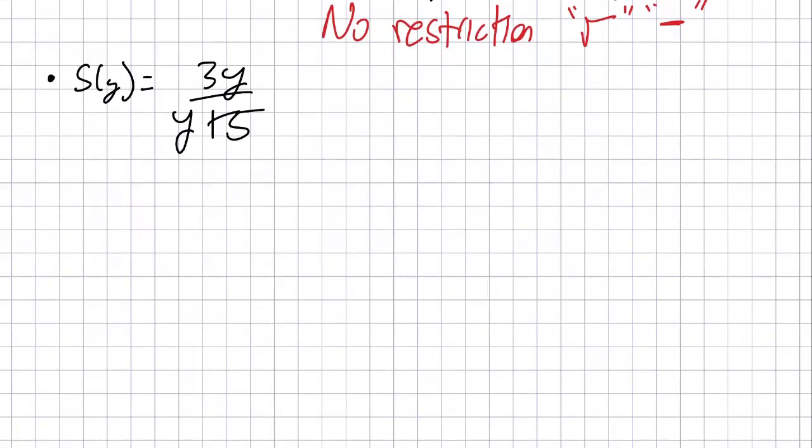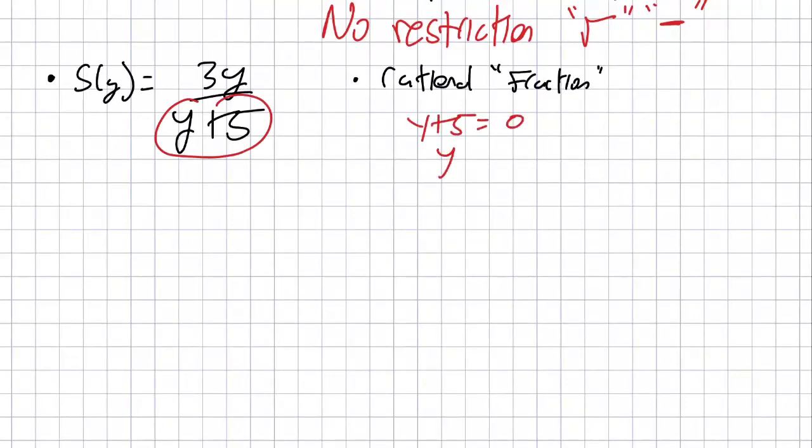Because this is a fraction, a rational, or you could just say fraction, whichever one makes you know that you can't have zero in the denominator is fine with me. If you want to figure out what the number is, you could just take the denominator, set it equal to 0, and you'll be able to determine what the number cannot be.